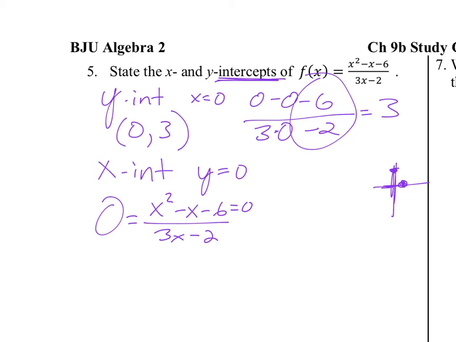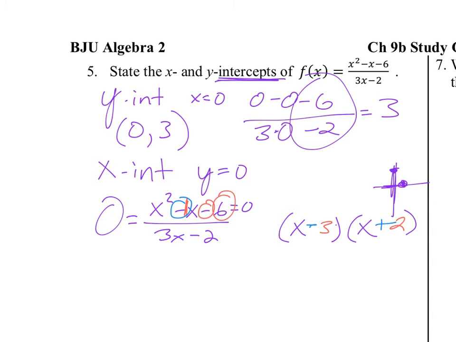That's a quadratic, so I'm going to factor it. Factors of 6 that subtract to 1, 3 and 2. So I'm going to have a 3 and a 2. Now, this negative tells me the larger of those two has to be negative, so it's going to be negative 3 and a positive 2.